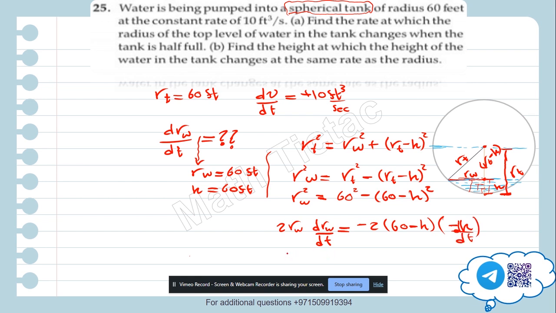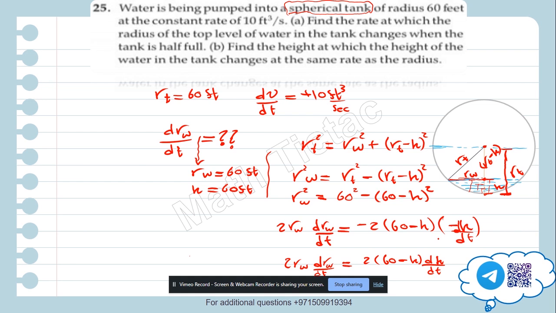So after simplifying, 2r of water dr of water over dt is equal to minus multiplied by minus, which is positive, so 2 multiplied by (60 minus h) dh over dt.